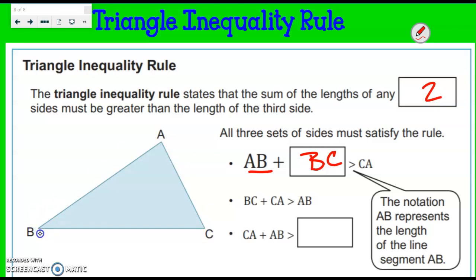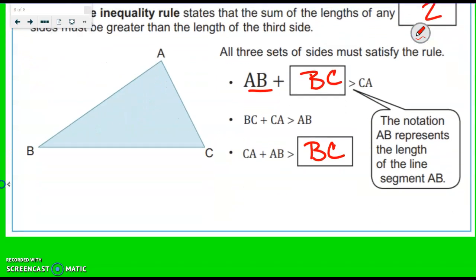And then look at the other two sides. BC plus CA is greater than AB. And then CA plus AB has to be greater than BC. So two sides added together has to be bigger than the third one. And if they're not, it doesn't make a triangle.